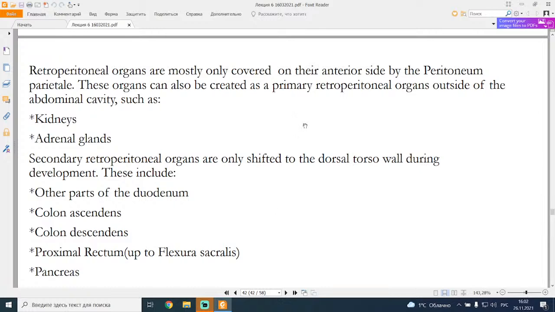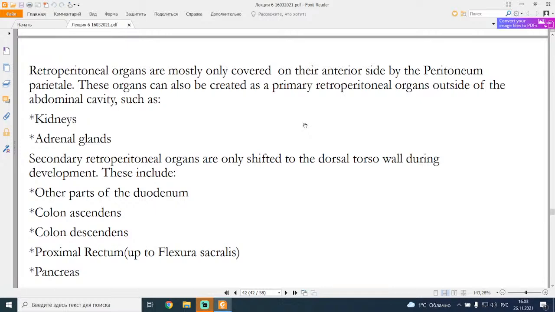Retroperitoneal organs are mostly only covered on their anterior side by the peritoneum parietale. These organs can also be created as primary retroperitoneal organs outside of the abdominal cavity, such as kidney and adrenal glands.